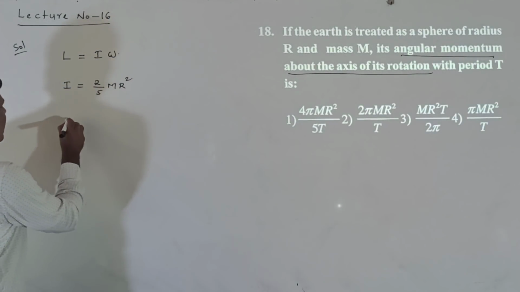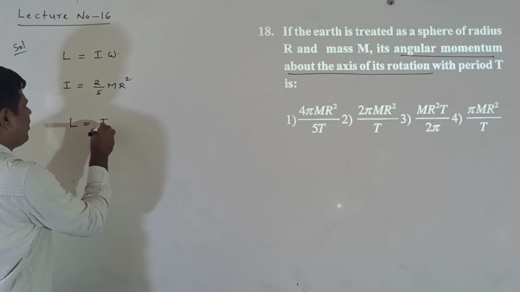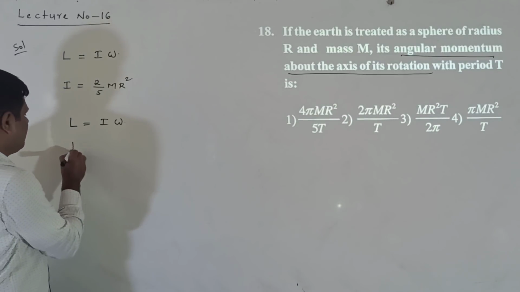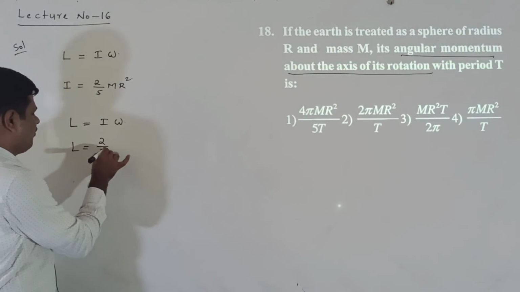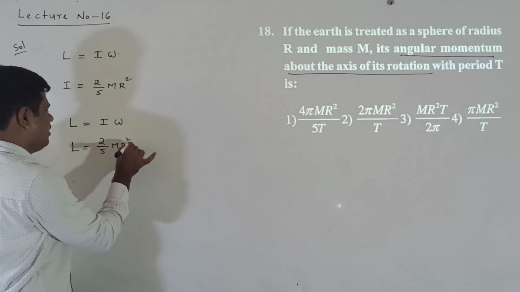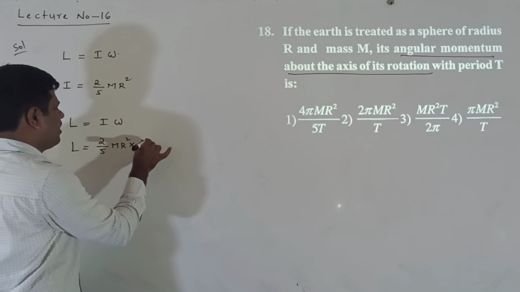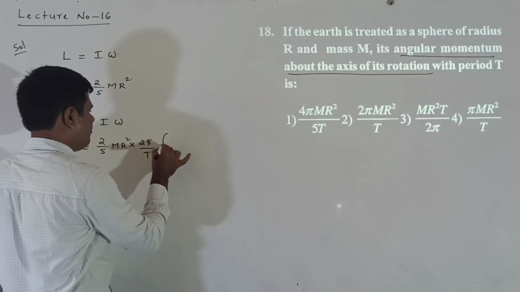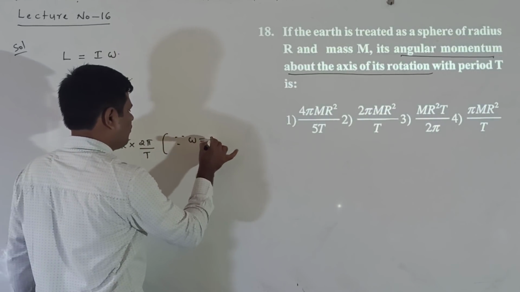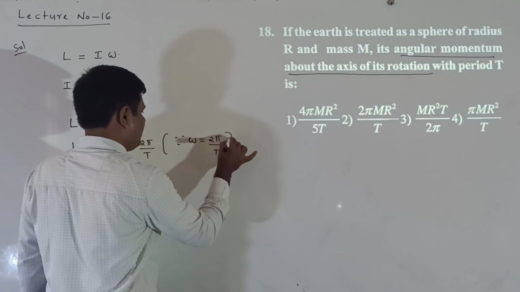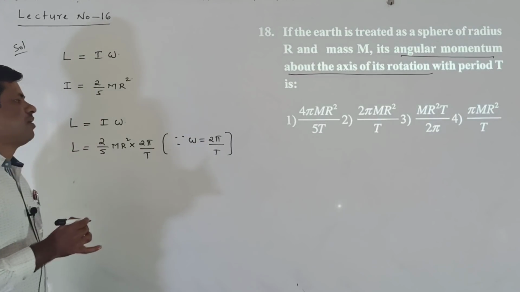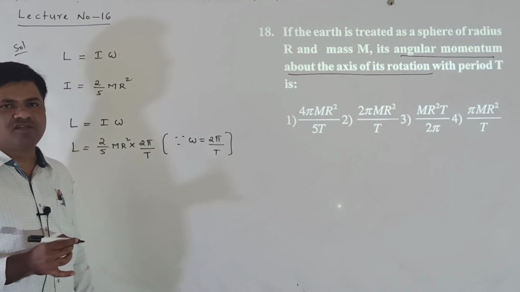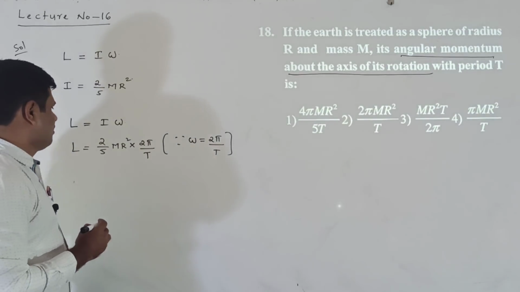Now angular momentum, L is equal to I omega. So L is equal to 2 by 5 mr square into omega. Omega is equal to 2 pi by T. We know this formula, the relation between omega and T. T means time period, omega means angular velocity.